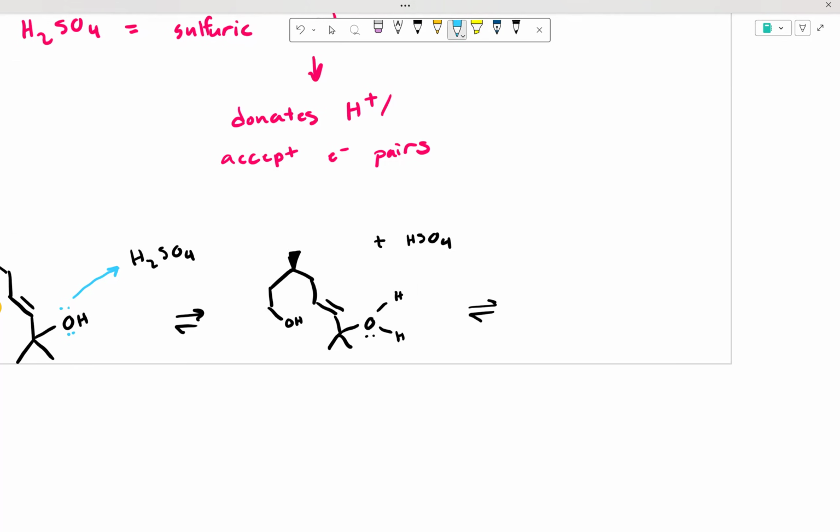Let me draw this in a different color. So I have an OH, and then we're gonna have a positive charge here because the carbon there only has three things bonded to it.